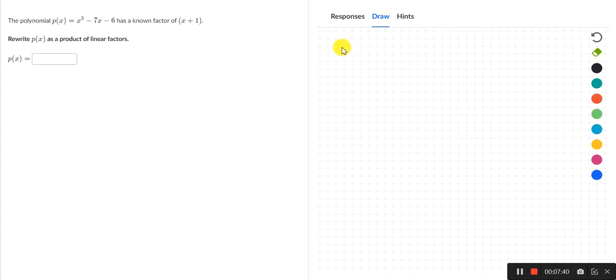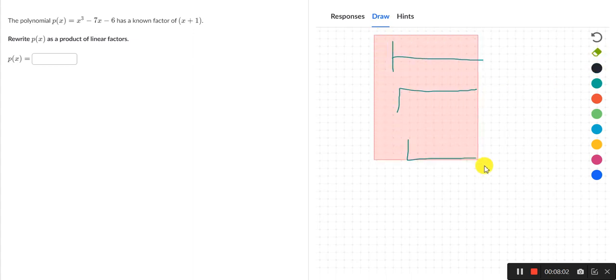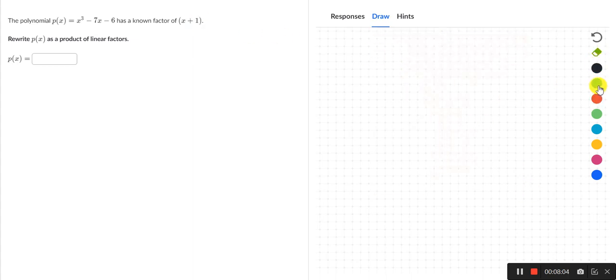There are many different ways to write your division sign. Some people like to do it like this, some like this, and some like this. It doesn't matter which one you prefer. I'm going to use what Khan Academy uses.